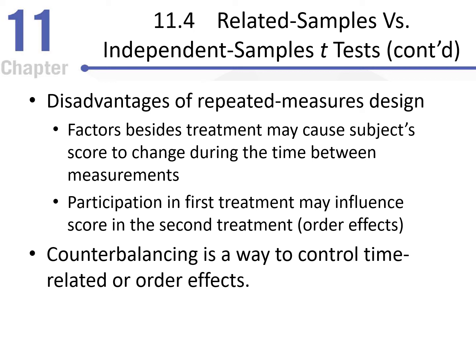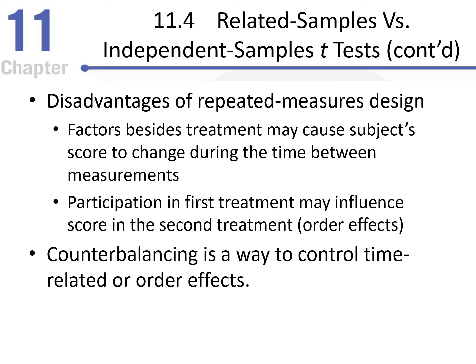Well, guess what? There's a lot of things that happen in a whole year, right? Things happen in the world. Things happen in your personal life. So these are what are called history effects and maturation effects. Things are happening in the real world and in your personal life, and they're going to influence your response at time two.